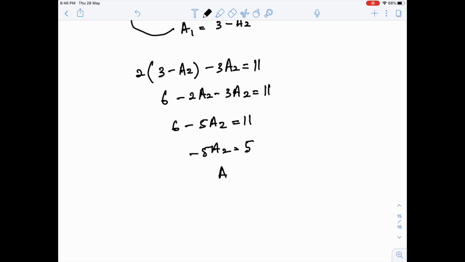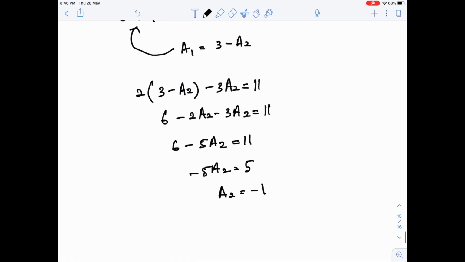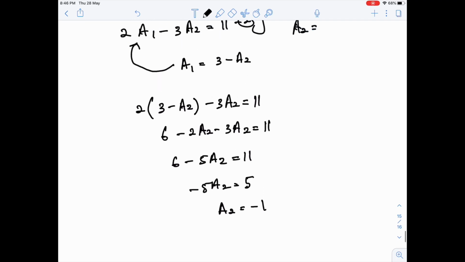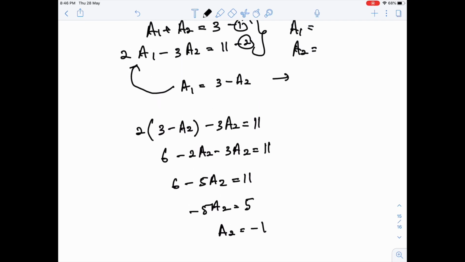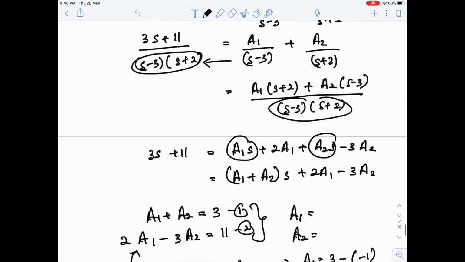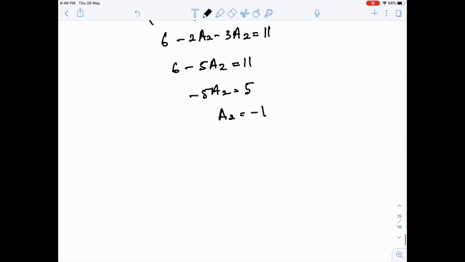And then you will have a2 equal to minus 1. Then you may find a1: a1 is 3 minus minus 1, so a1 is 4.